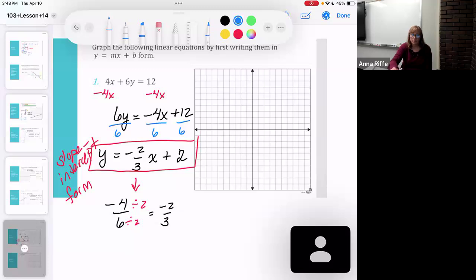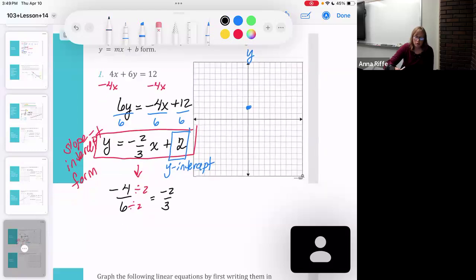If I know those two pieces of information, I can graph. I'm going to put my y-intercept on the graph first. This gives me a point. That tells me that my line will cross the y-axis at y equals 2. I can start at the origin and go up 2. So we have that one point.